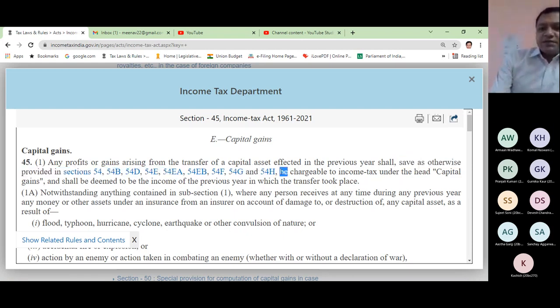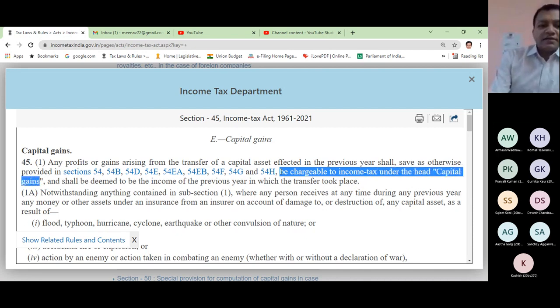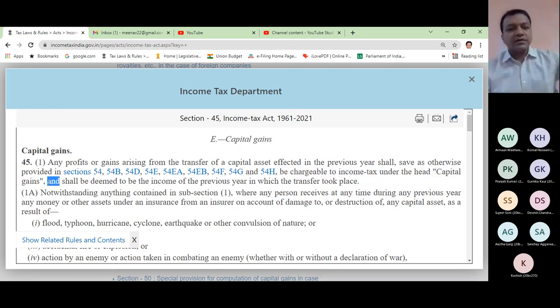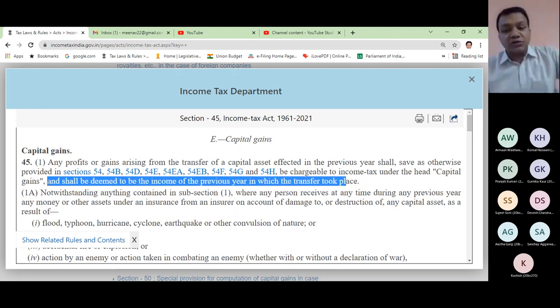This profit and gains be chargeable to income tax under the head capital gains. Yes, that's it. This is what my capital gain conditions are. So whenever any capital asset is transferred during the previous year and it has passed the test of these sections, then whatever is the figure that has to be taxed under the head capital gains, shall be deemed to be the income of the previous year in which the transfer took place.